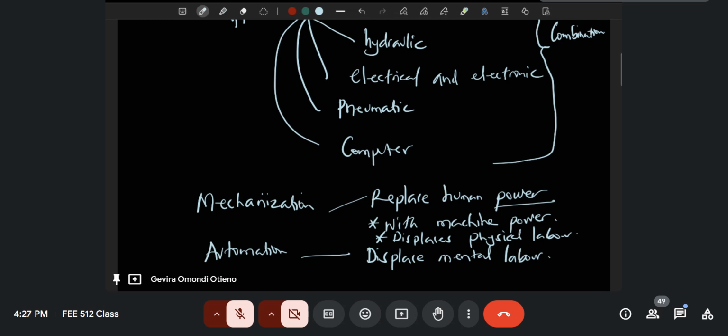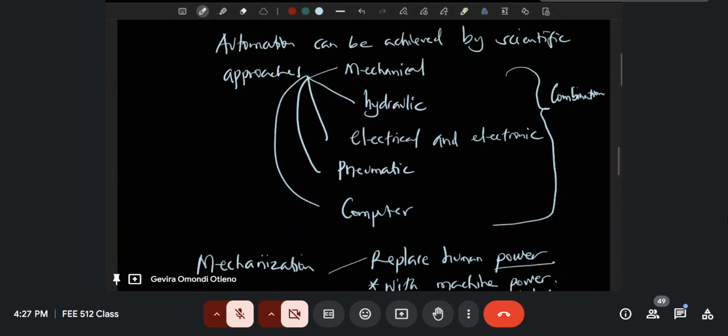It is a combination of different processes or approaches. It could be mechanical, hydraulic, electrical, pneumatic, and all that, all combined together through specialized equipment to aid your production and manufacturing, help with quality control, help with handling of processes, and so on.